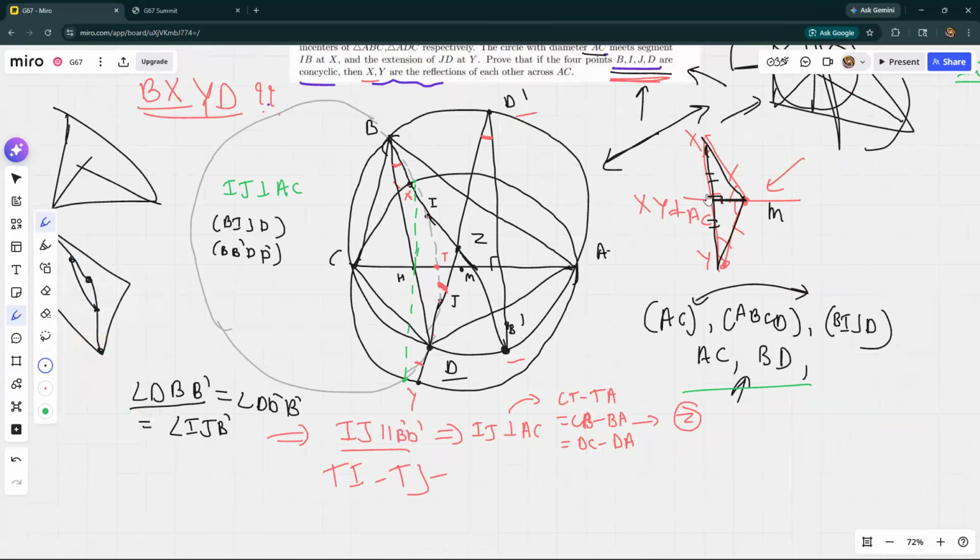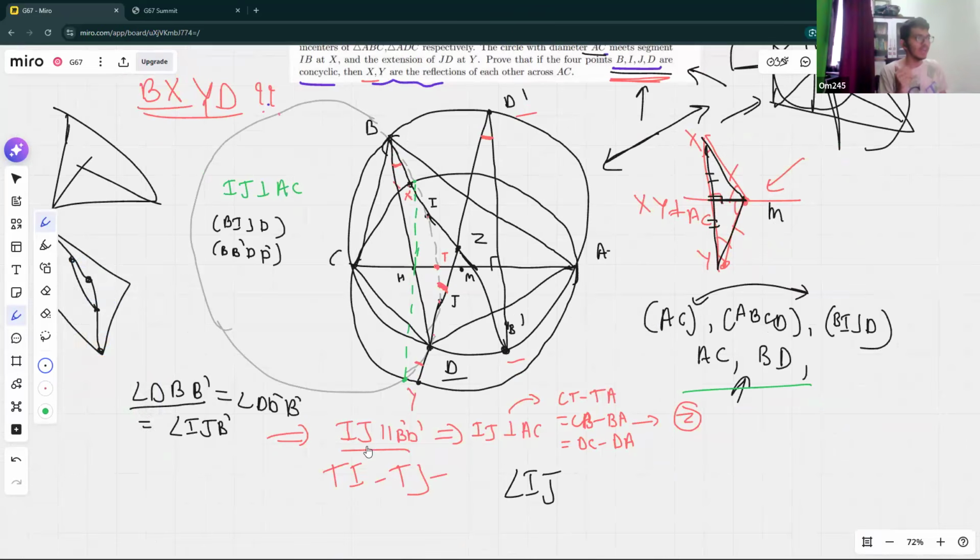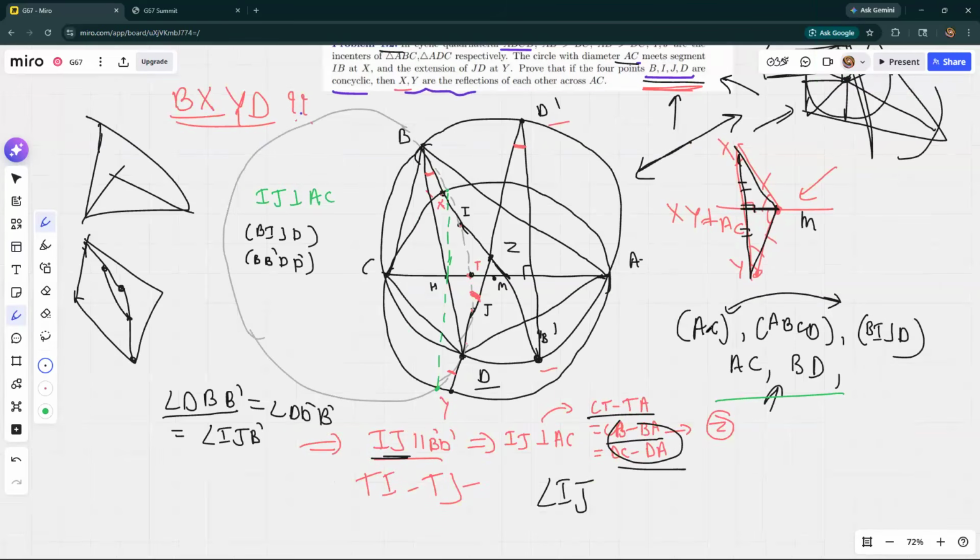Yes, that makes sense. What was the proof that ABCD is tangential? We prove IJ is perpendicular to AC, and because of that the touch points of both incircles are the same, and that implies these length conditions are the same, and that implies it has an incircle. Wait, IJ perpendicular to AC came from the fact that this was tangential?